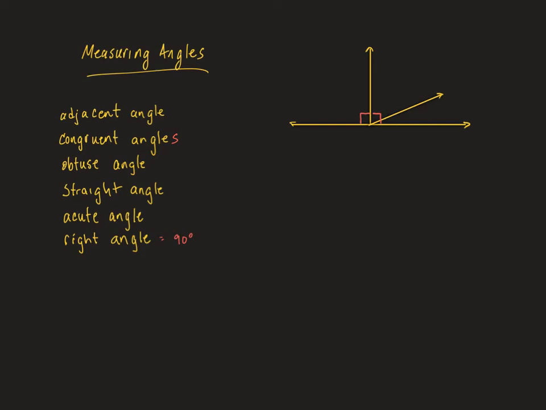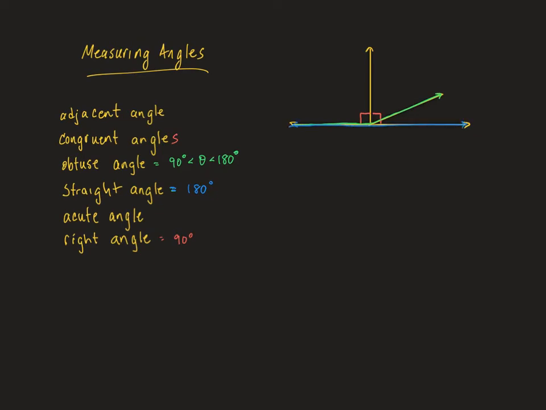Now, an obtuse angle would be something that is going to be greater than 90 degrees, but less than a straight angle, which is going to be 180 degrees. So an obtuse angle is going to be somewhere between 90 degrees and 180 degrees, because a straight angle is going to be 180 degrees, and that would be this straight angle right there.